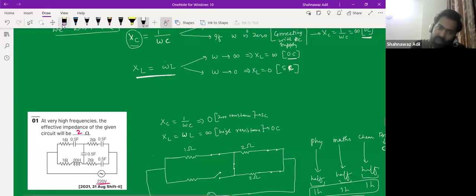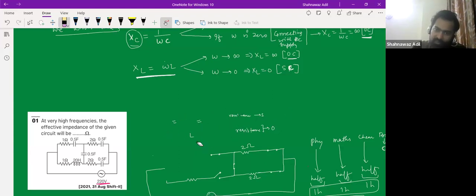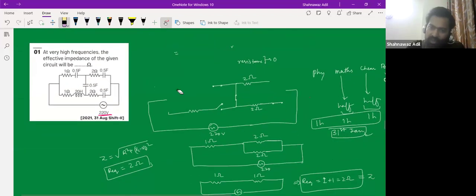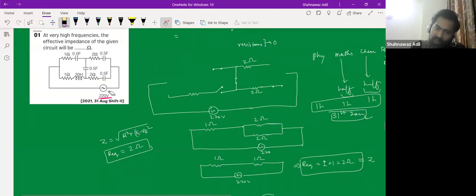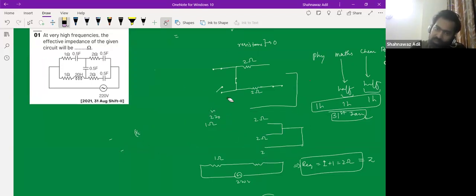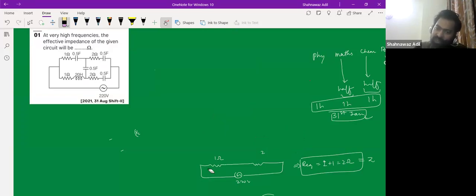So let's do one question, and then we will stop, right? So we have to just remember at high frequency, what becomes open circuit and what becomes short circuit, right?